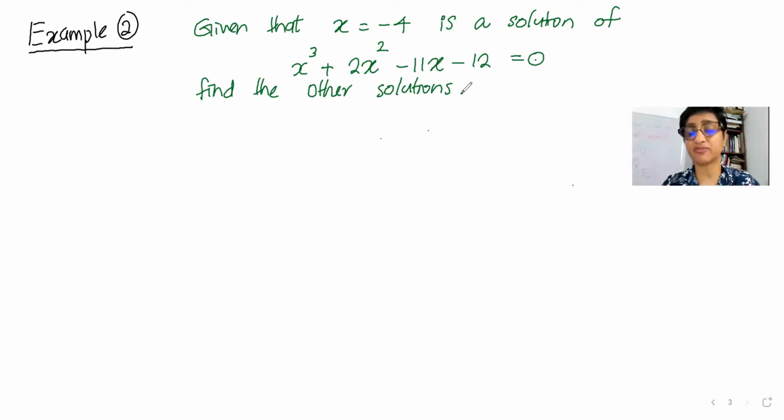If x equals -4 is a solution, that means x plus 4 is a factor of x cubed plus 2x squared minus 11x minus 12. Then by dividing this polynomial by that factor, I can get the other 2 linear factors together as a quadratic. When I have that quadratic, I can factorize it, or take care of that separately, and find the other 2 solutions.